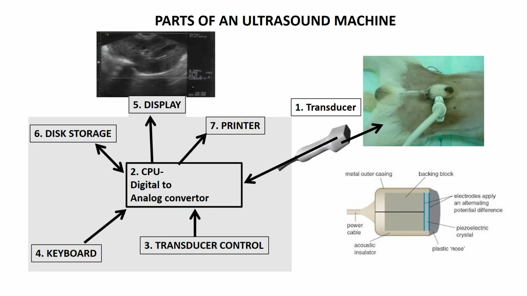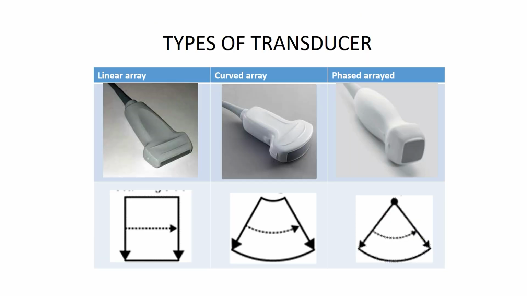In the CPU, the transducer control, keyboard, disk storage and display are attached. But you can attach the printer separately with the CPU. So, these are the parts of the ultrasound machine.